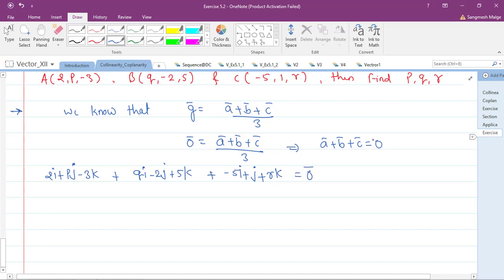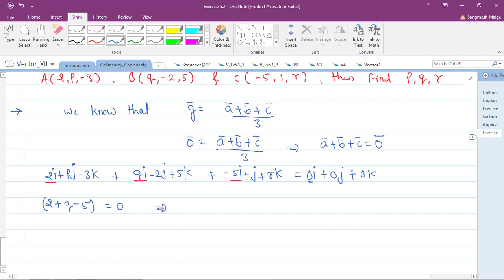Now 0 bar is actually 0i plus 0j plus 0k, which is nothing but the vector. Now equate the coefficients of i, j, k. Where is i? Here, this is 2i, qi and minus 5i. So you will get 2 plus q minus 5 equals 0.